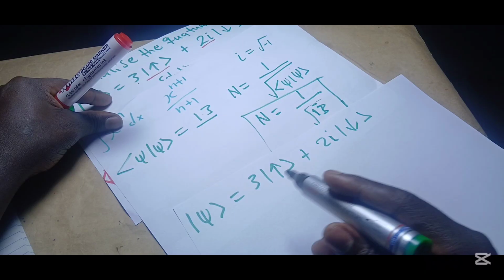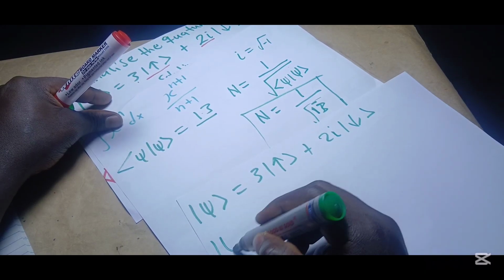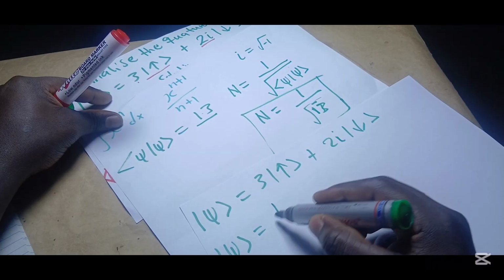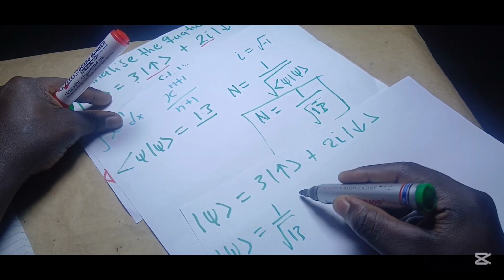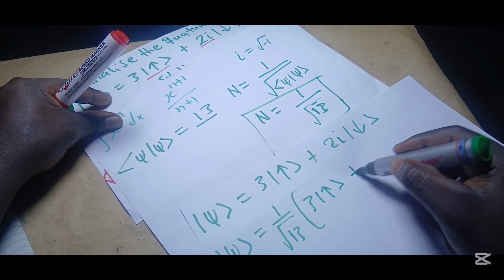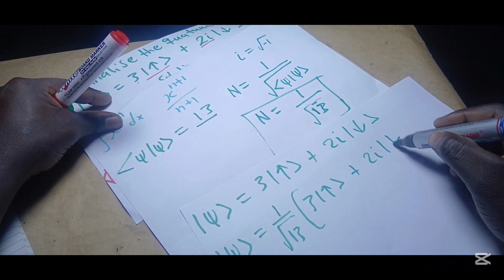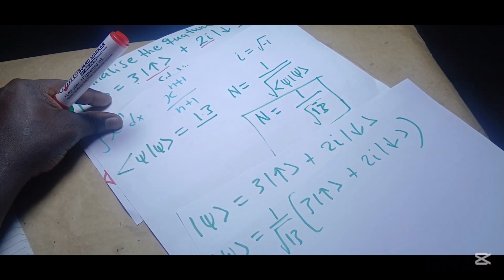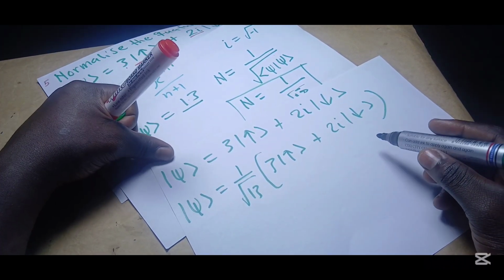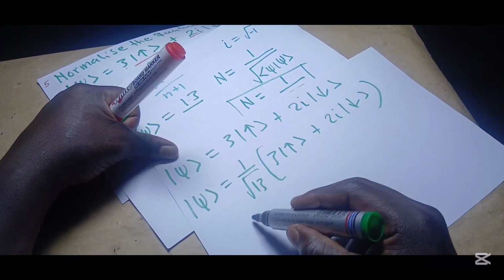So the normalized wave function is going to be 1 over square root of 13 multiplying 3 spin up plus 2i spin down ket. So this is a normalized wave function. We can go ahead and simplify it.